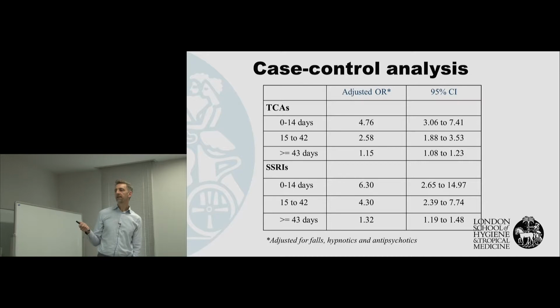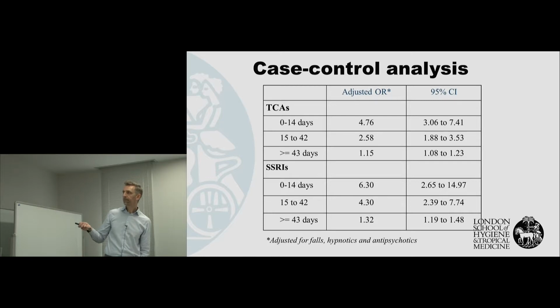In their adjusted analyses, for the tricyclics within the first 14 days of exposure, the adjusted odds ratio was 4.76. For SSRIs during the same period, it was 6.3.